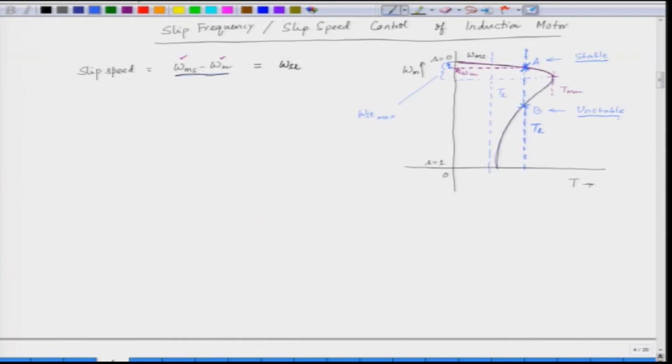So, it means corresponding to point B, the operation will be unstable. So, we have to operate at the stable equilibrium point, which is A, and that can be ensured by controlling the slip speed.